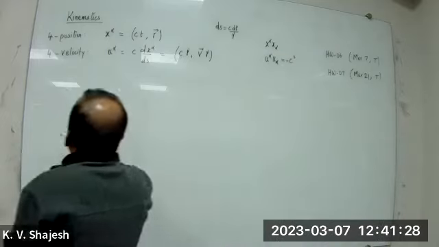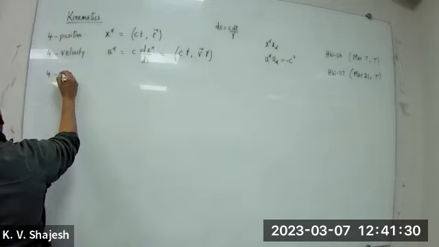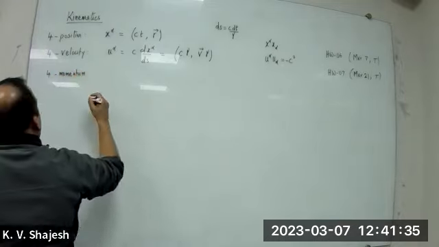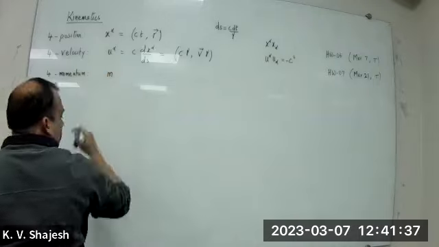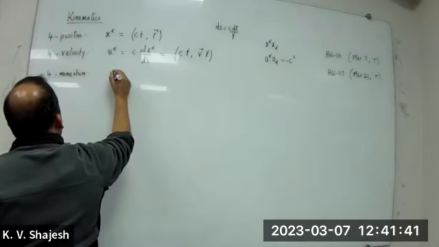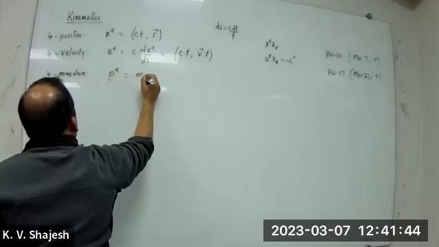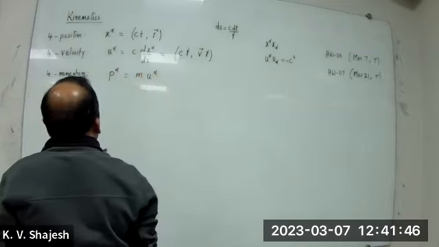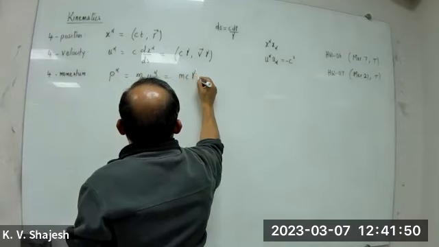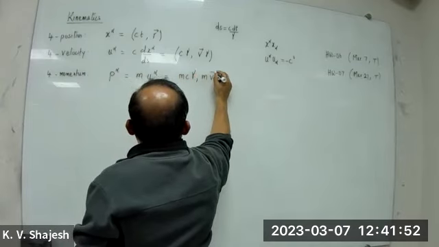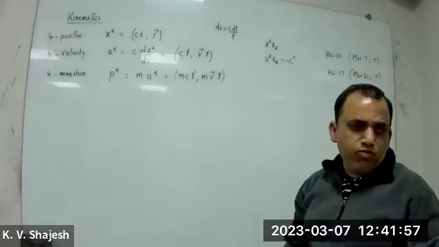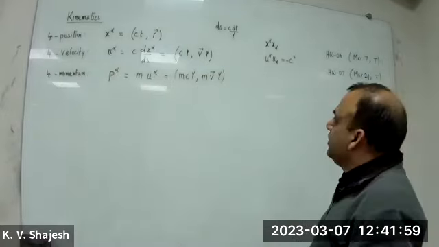And we also define four-momentum. Basically, P alpha is mass times the four-velocity, which gives m gamma v. That's all good, but now we define in a sense.